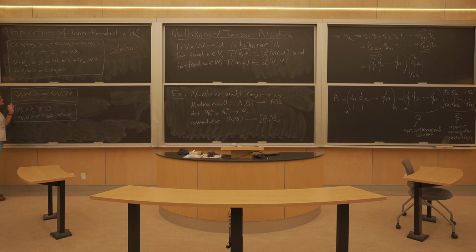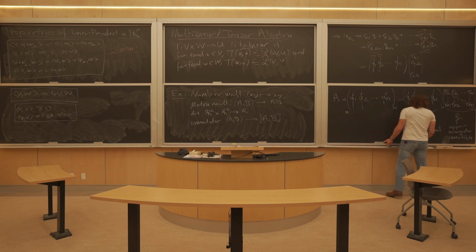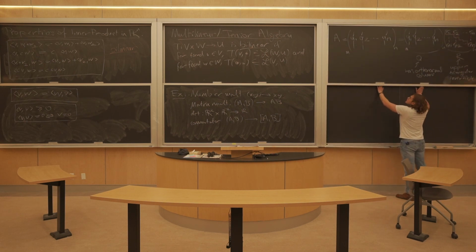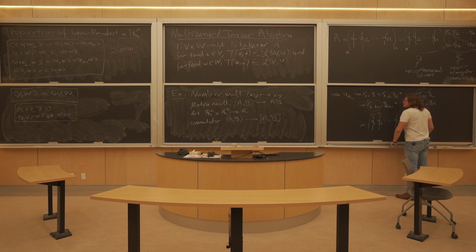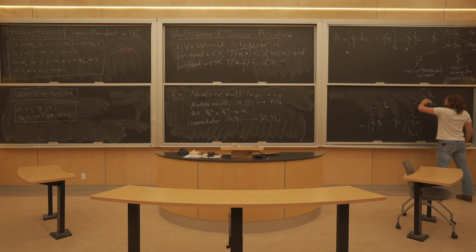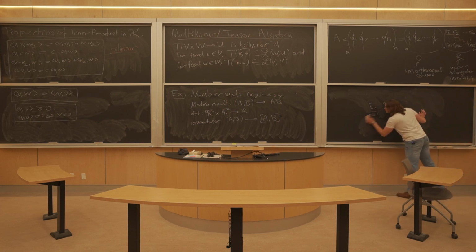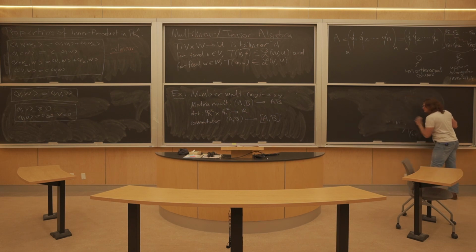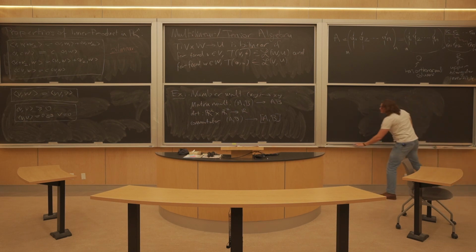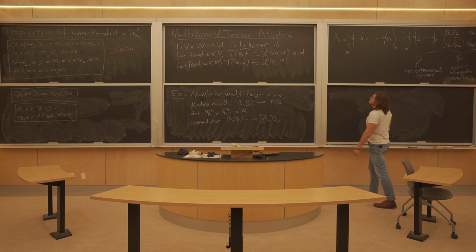Second one is called symmetry. A bilinear transformation is called symmetric if this happens. It's called antisymmetric if, when you switch the places, you get a minus. So that's one definition.